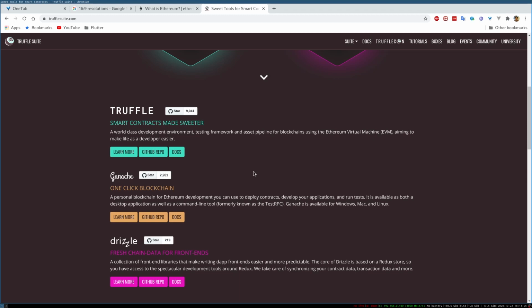Following about the same rules, but in order for people to test their code, there's a blockchain where the coins are free.